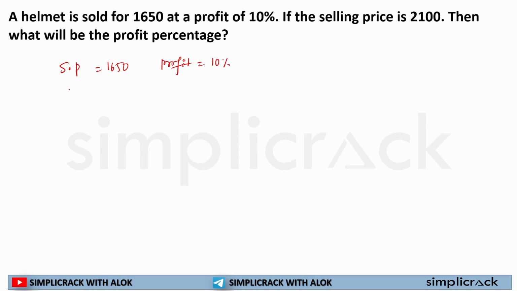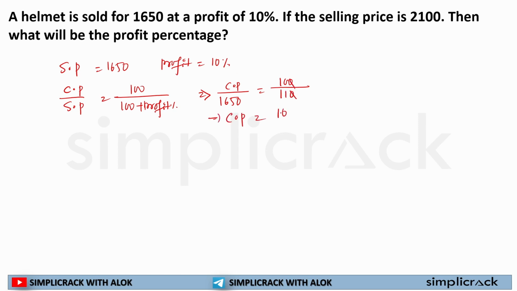Now, cost price by selling price is equal to 100 by 100 plus profit percentage. So cost price is not known. Selling price is 1650, equal to 100 by 100 plus 10, which is 110. The zeros will cross out.